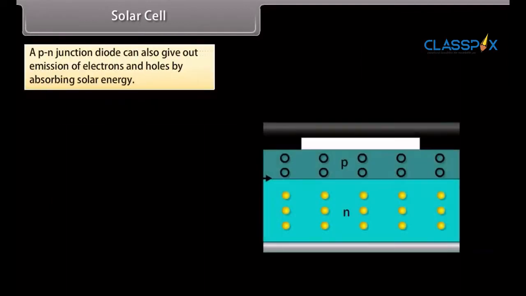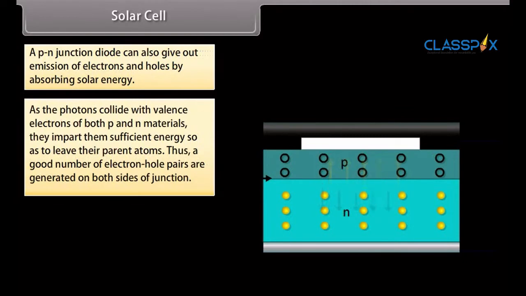A p-n junction diode can also give out emission of electrons and holes by absorbing solar energy. The p material at top is very thin compared to the thickness of the n material. Thus, solar energy photons entering from the top glass window easily penetrate up to both sides of the junction.